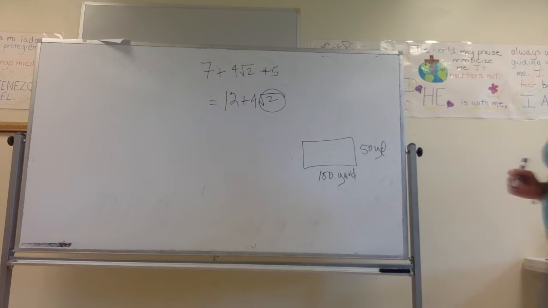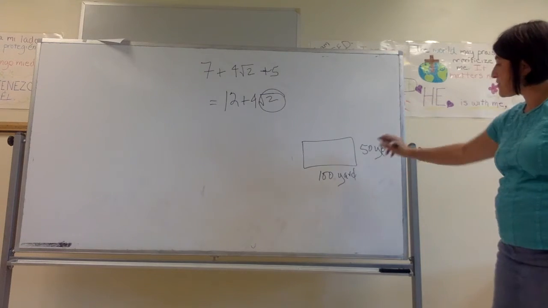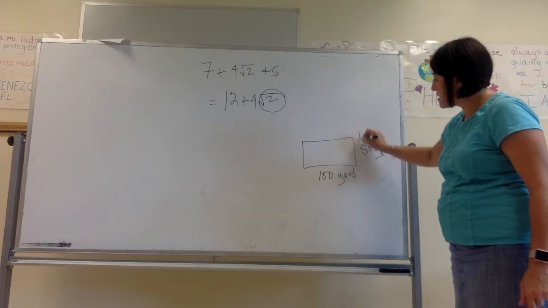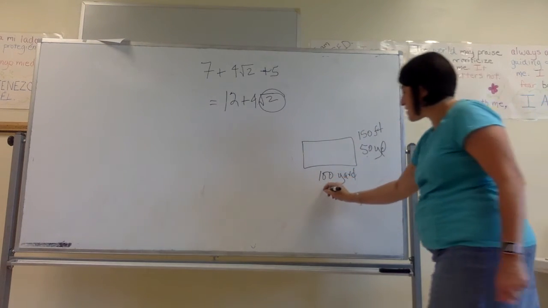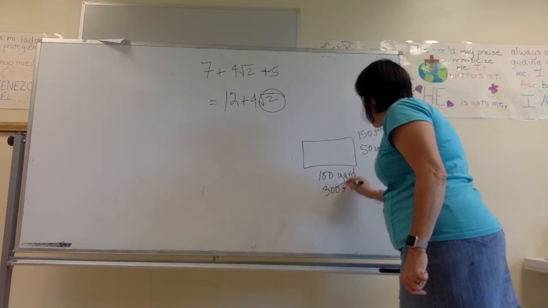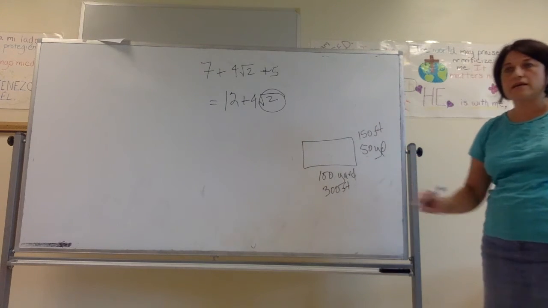How many feet are in a yard? 3. So how many feet is this? 150 feet. How many feet is this? 300 feet. Okay, so what's the area of this thing?